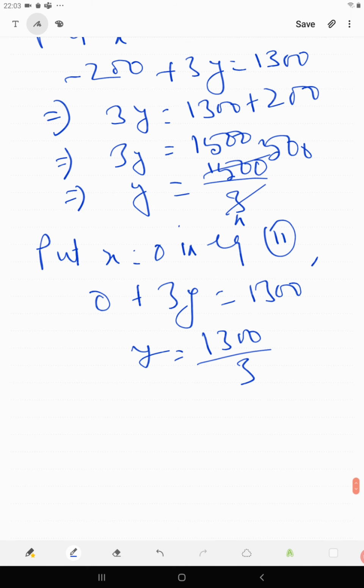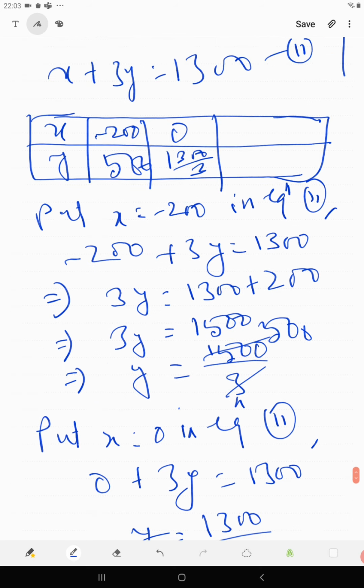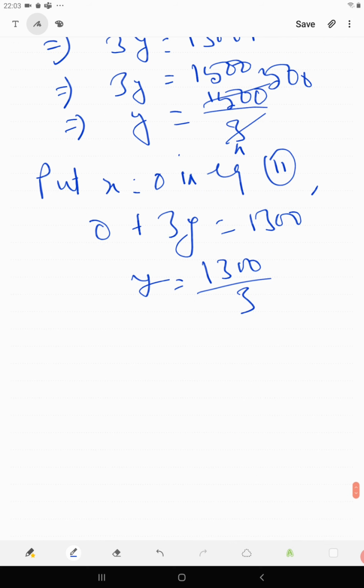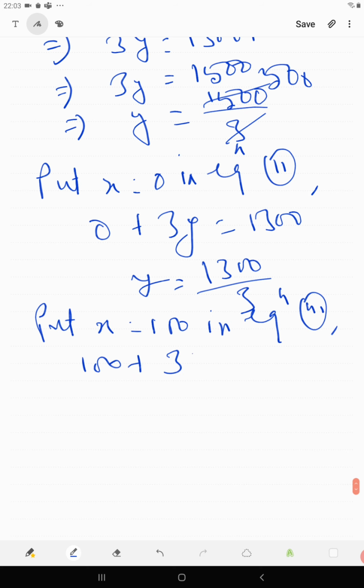Now let's take 100. So put x equals 100 in equation 2. So what will we get? 100 plus 3y equals 1300.